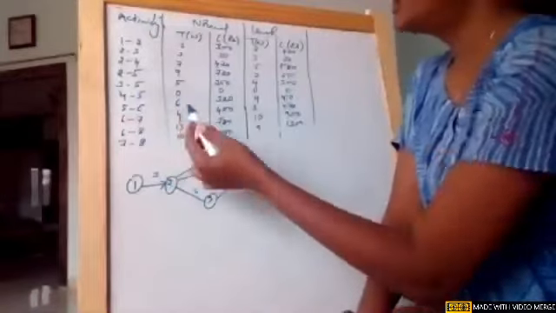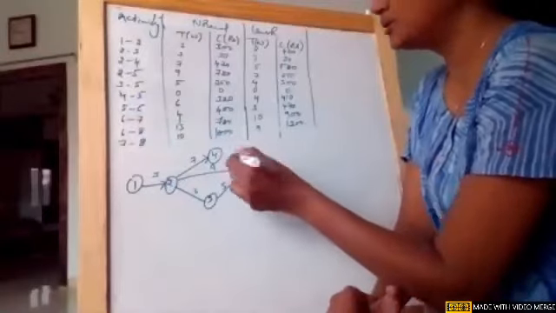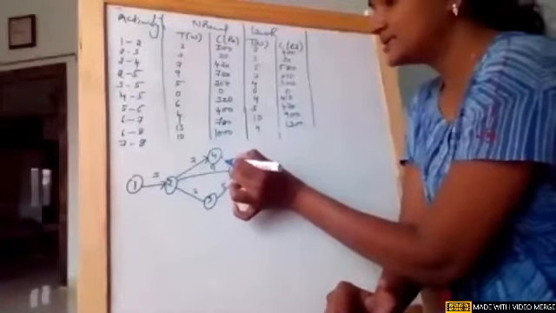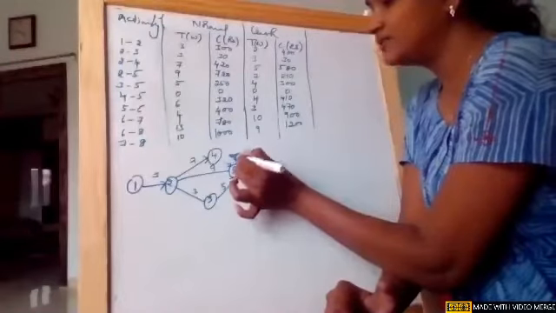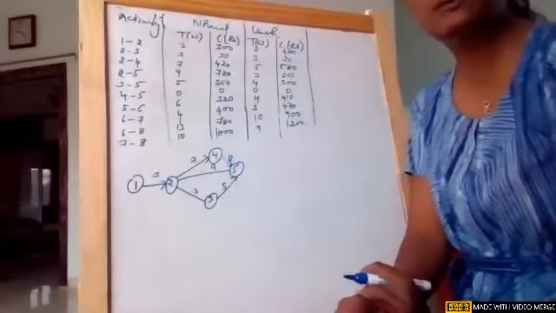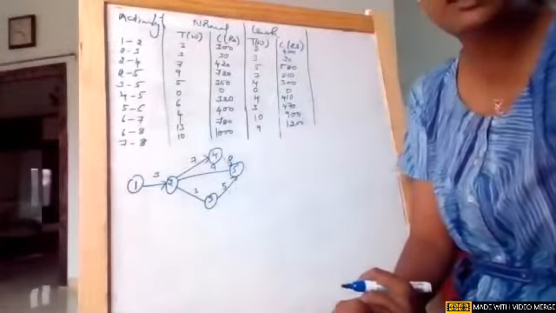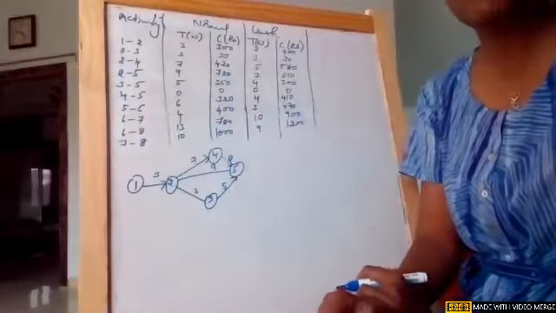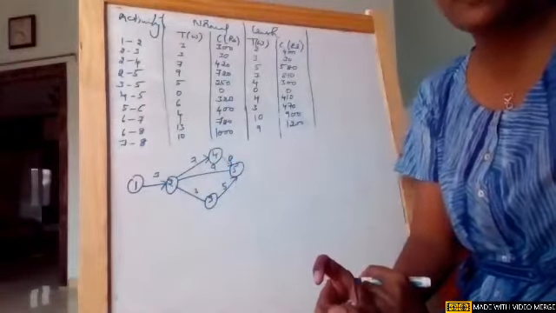Now 4 to 5, you see the duration is 0, girls. You need to remember that it is a dummy activity. If there is no duration, if the value is 0, immediately remember it is a dummy activity, and the dummy activity must be represented with a dotted line. Remember that.